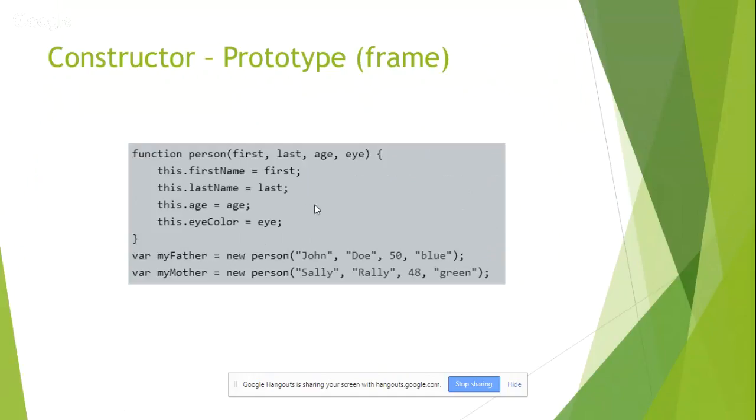For example, age: you'll see it in the parentheses up top, and then the object also has an age. So this, followed by a dot, is used to clarify that it is the property of the object, not just the variable from the parameters. Does anyone have any questions on that? No. Okay. I'm good. All right.